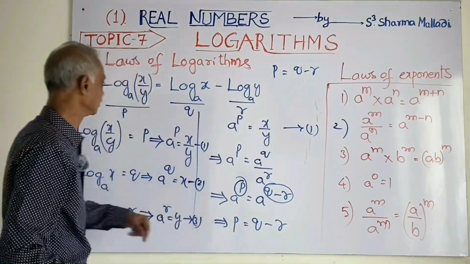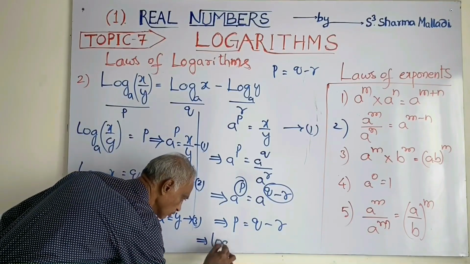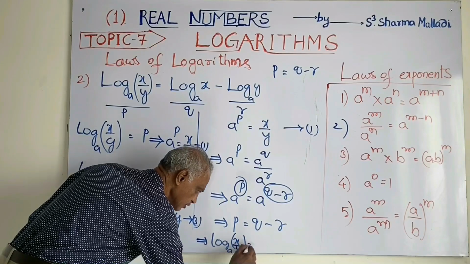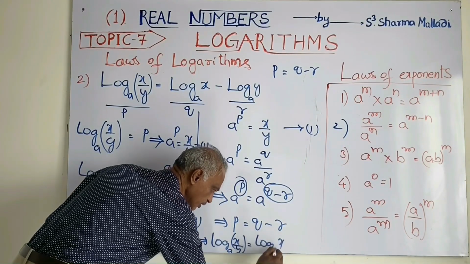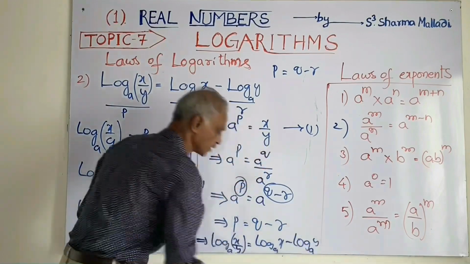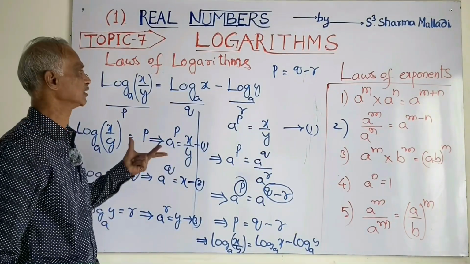What is P here? P is nothing but log x by y to the base A is equal to log x to the base A minus log y to the base A. These are the laws of logarithms.